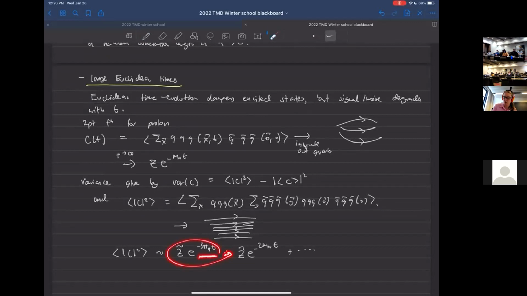That's e to the minus 3 m_pi t. And because 3 times the pion mass is less than twice the nucleon mass, it's actually this term that's dominant here.